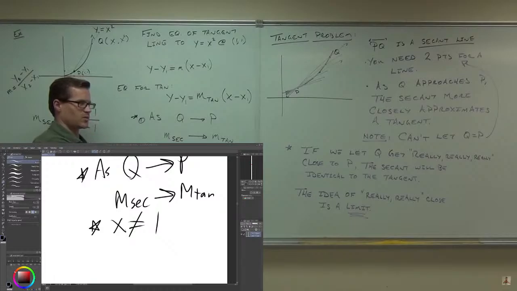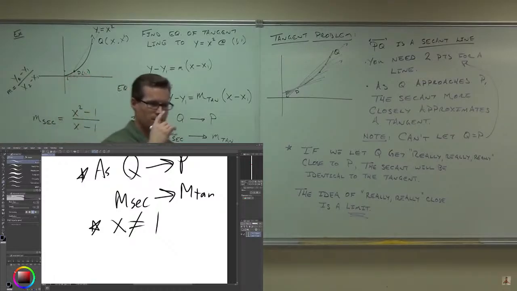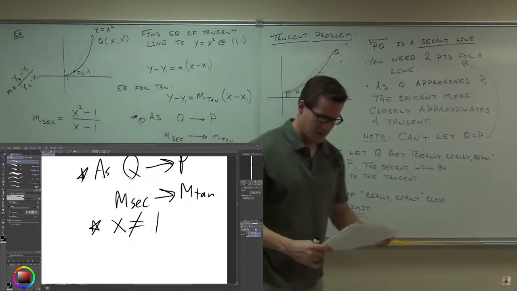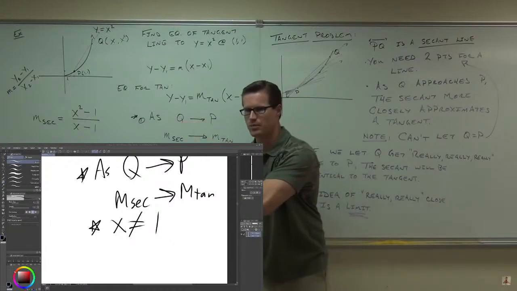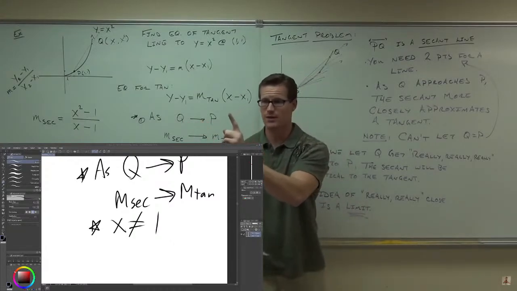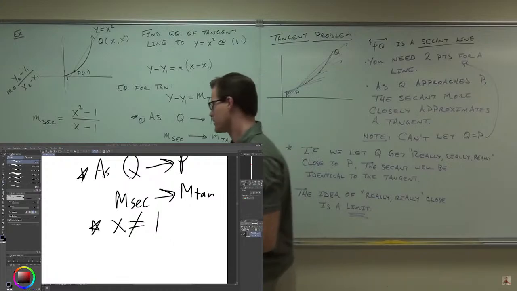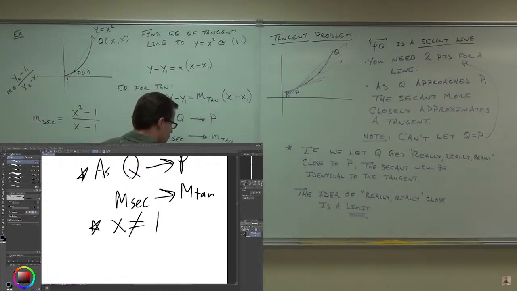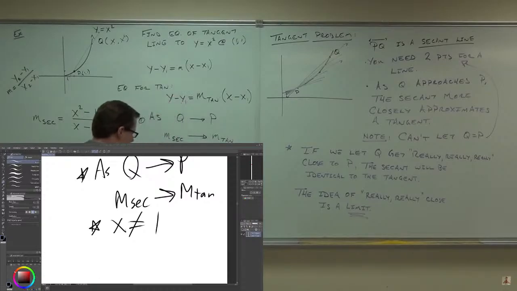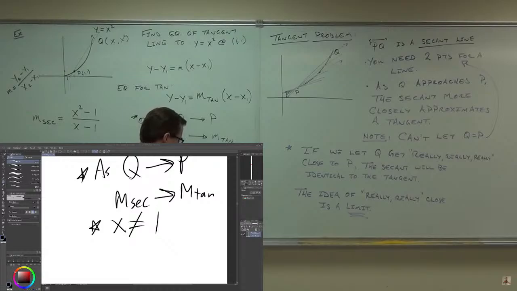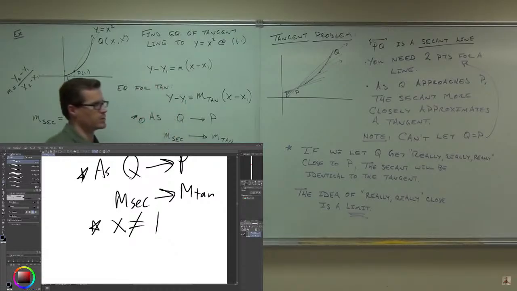That means double important. You can't let x equal 1. This is why we can't let Q equal P, because we only have 1 point, right? You can't find the slope. It fails. It's undefined at that point. This is why Q can't equal P.